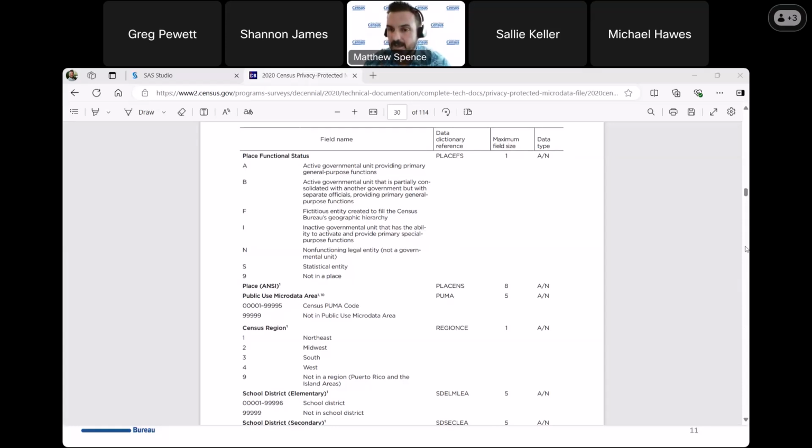All right. Can we access the 2020 census PPMF in R using Tidy Census? I believe Tidy Census currently uses the API, or Application Programming Interface. The PPMF files are not on the API.